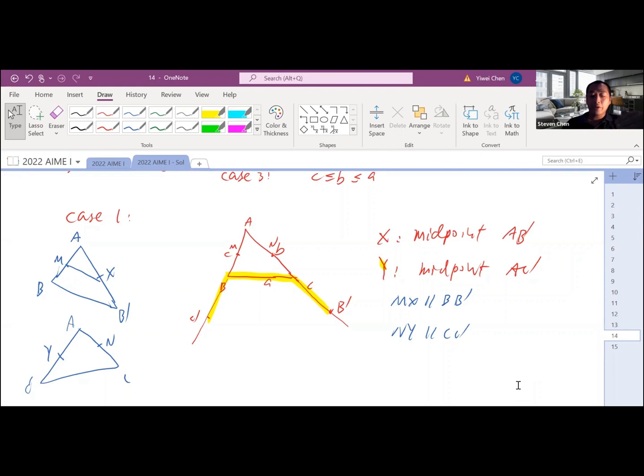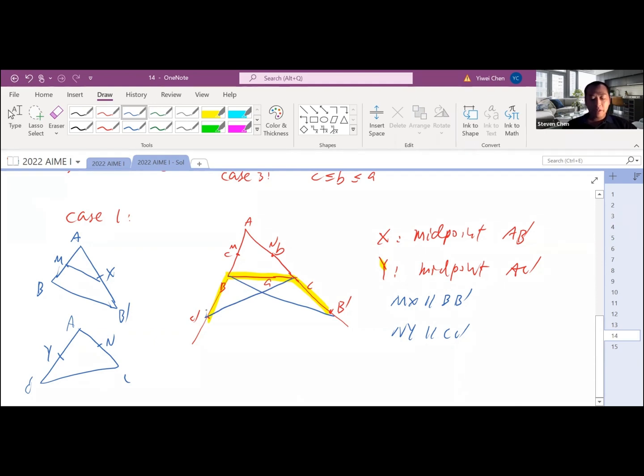So now you only need to analyze the positions of BB prime and CC prime. We no longer have to look at MX and NY anymore. So what could we do next? Because we have to analyze BB prime, let's connect BB prime, and also let's connect CC prime.